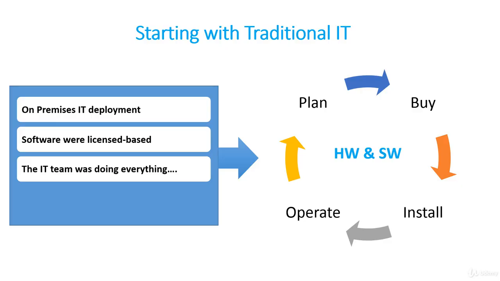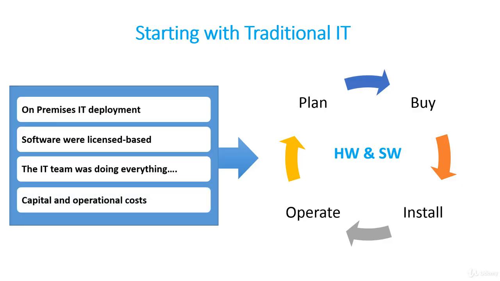And all of those items translate to money, the capital and operational costs that are associated with handling IT. Now, this traditional IT model was quite good for many years, and we will be able to find many organizations that are still operating in such mode.